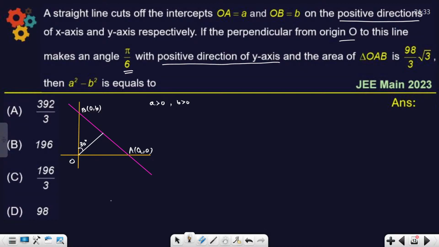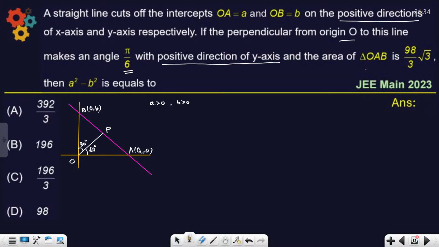Is it clear? Let us say this point be P. Okay? So if this angle is 30 degrees, obviously this angle will be 60 degrees. And what else have they said?